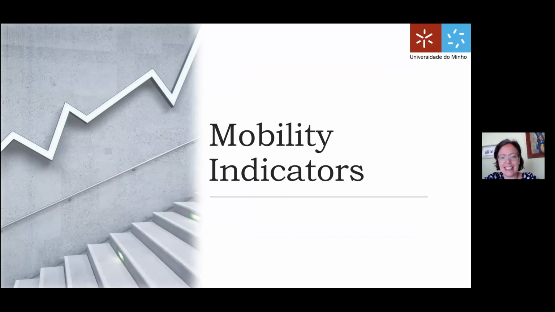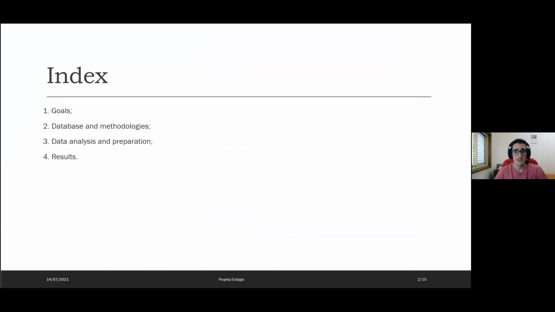Thank you. So, good morning. I'm Rodrigo, a student of Universidade do Minho, and I recently finished my bachelor's degree in applied statistics, and I'm here to present my project/internship done during the second semester of this last year. Before starting, here's a small index that illustrates what will be portrayed.